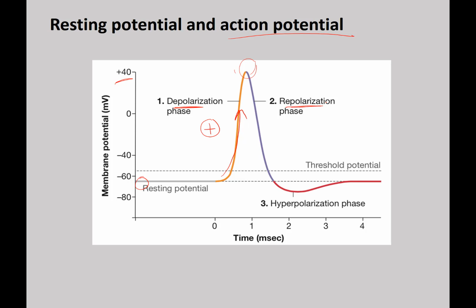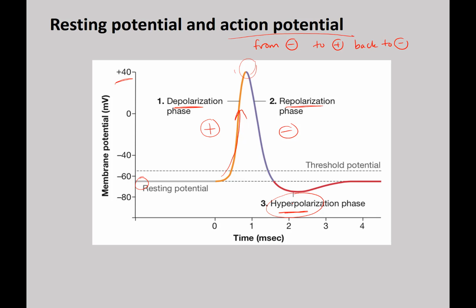The cell begins to repolarize, and it goes back to its more negative state. And we're going to talk about the channels that are important in regulating this. So in an action potential, the membrane is going from negative to positive and back to negative. The other thing I want you to notice down here is hyperpolarization.